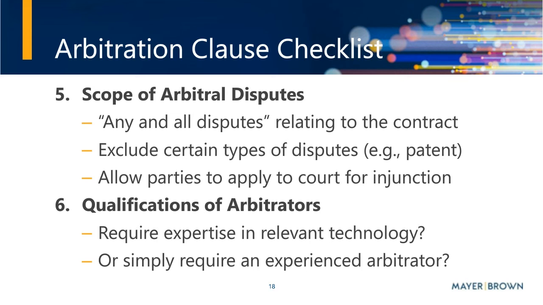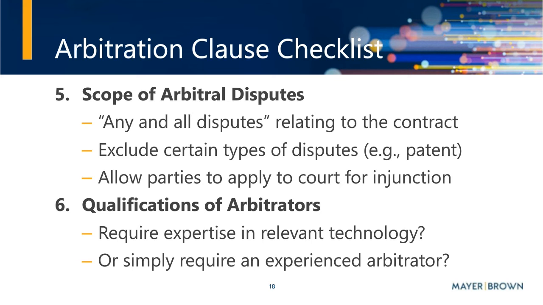Or alternatively, the clause may specify that the parties can apply to courts for equitable relief, specifically an injunction. This is very important in technology disputes involving intellectual property because it ensures that the intellectual property owner will be able to protect the property at issue if an injunctive relief becomes required.